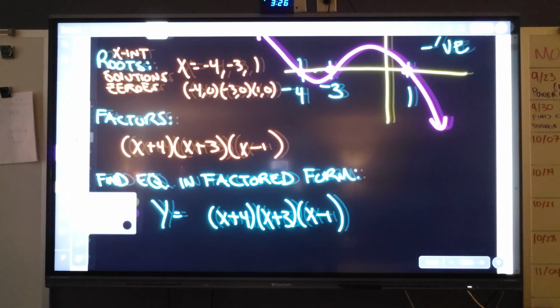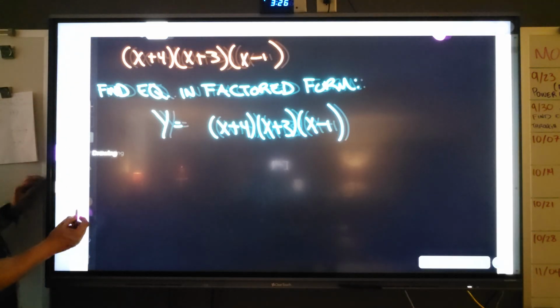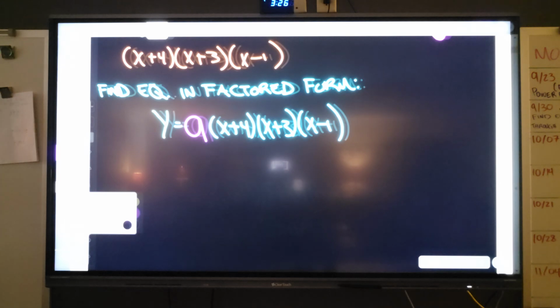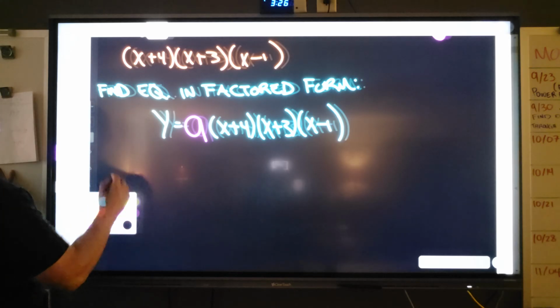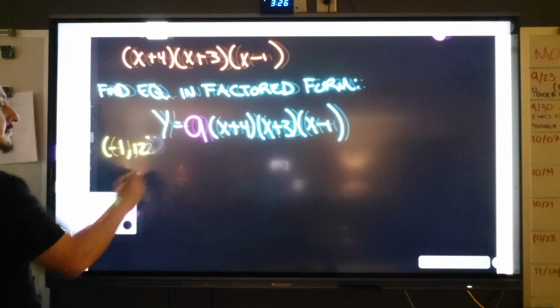Like that, okay? But the difference today is that we put an a in the front like that. Okay, so if that's all they asked us was to find the equation, we'd be done. But remember, the point of this is we want it to go through this point.